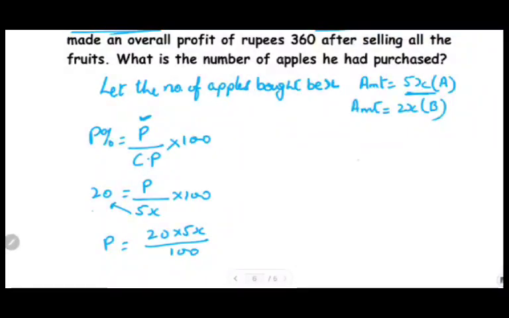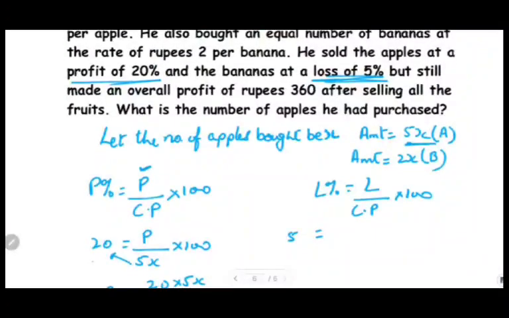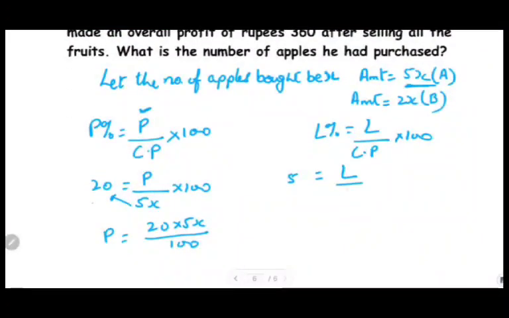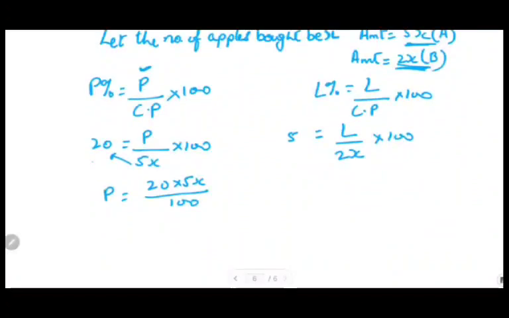And how are you going to calculate the loss percentage? Same way, loss upon cost price into 100. Loss is 5%, that's what is given. Loss we don't know. CP here is 2x into 100. Again making L the subject: 5 into 2x upon 100.